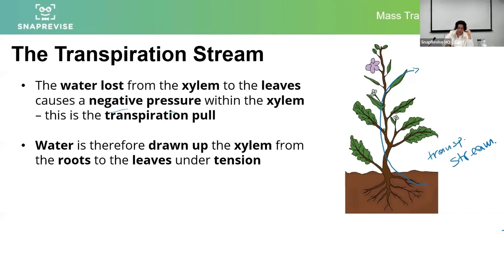Therefore it's drawn up the xylem from the roots to the leaves under tension. Okay, keep that word tension, because towards the end of this session we're going to see what the cohesion tension theory is and how it explains the transpiration stream. So again, don't worry too much about the negative pressure.